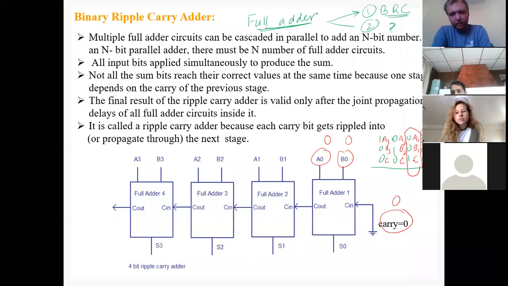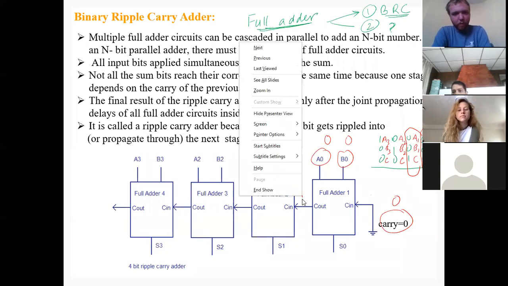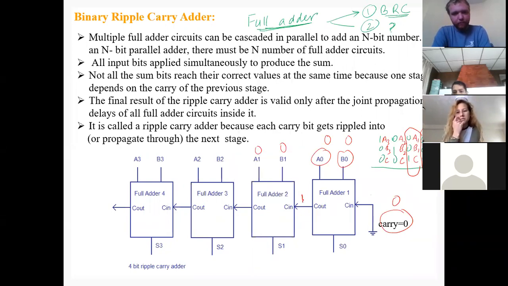A1, B1, carry: 0, 0, carry is 1. Carry is 1, right? Then what is the next one here? Help me. 0, 1, and carry is 0. So what is the third one? Fourth one rather. This is 1, this is 0, this is 0.